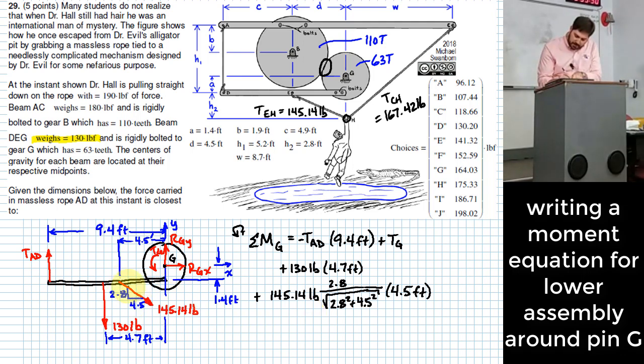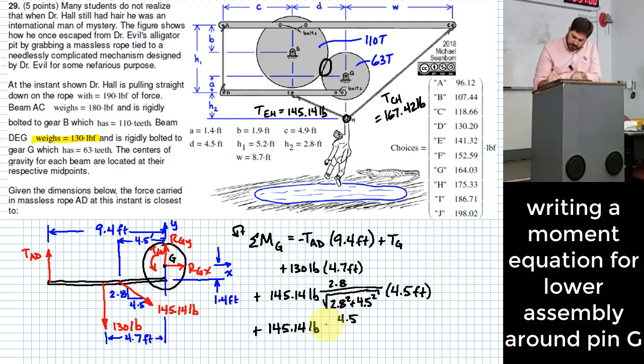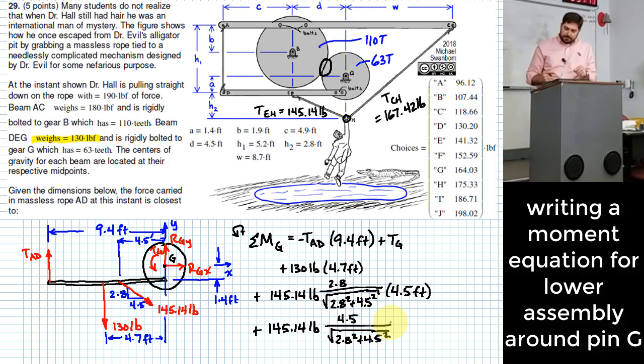Okay, that's also going to be a counterclockwise, so I will add 145.14 pounds times 4.5 over the square root of 2.8 squared plus 4.5 squared. And this multiplied by what? 1.4 feet.